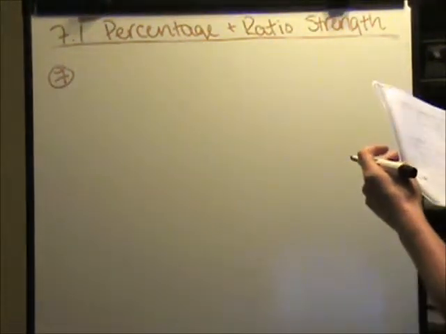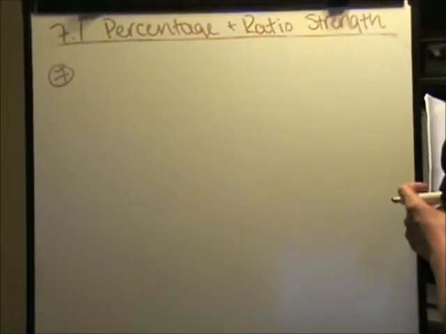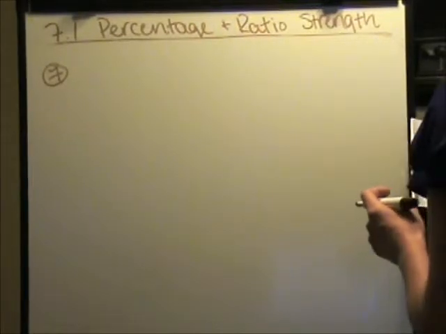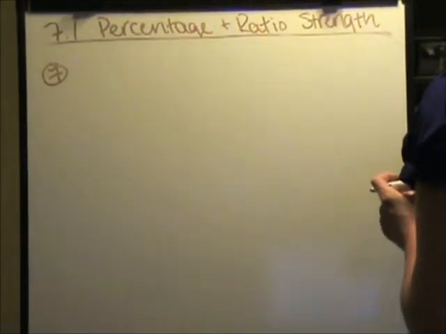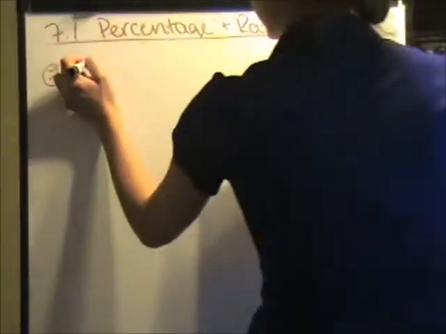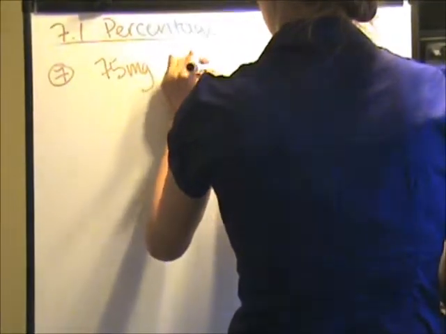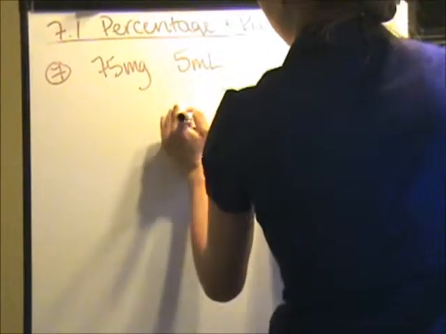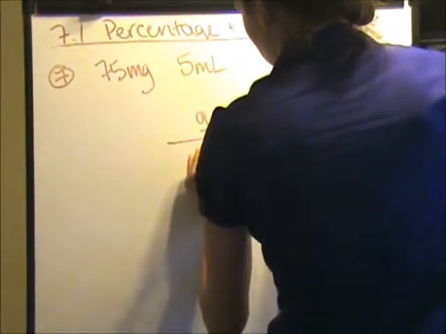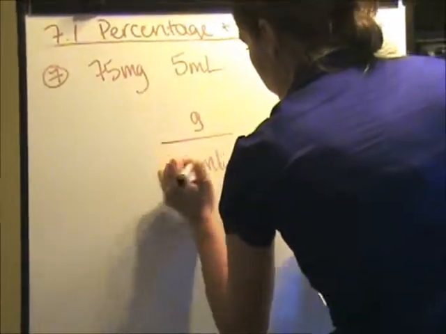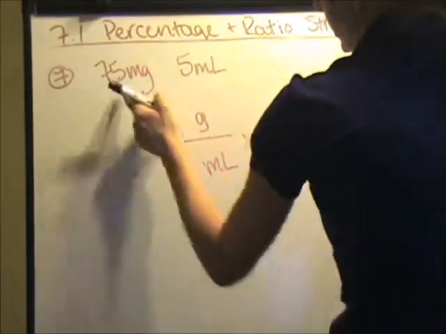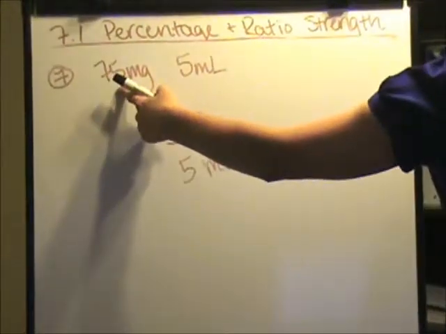Calculate the percentage of strength of drug in the following drug formulations. Clindamycin, 75 milligrams over 5 ml. Okay, so it's 75 milligrams and it's 5 ml. So remember though, it's represented as grams and milliliters. So we have our milliliters, but we're going to have to convert this to grams.